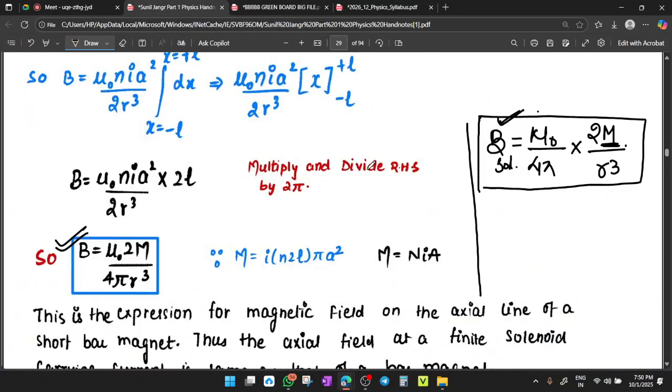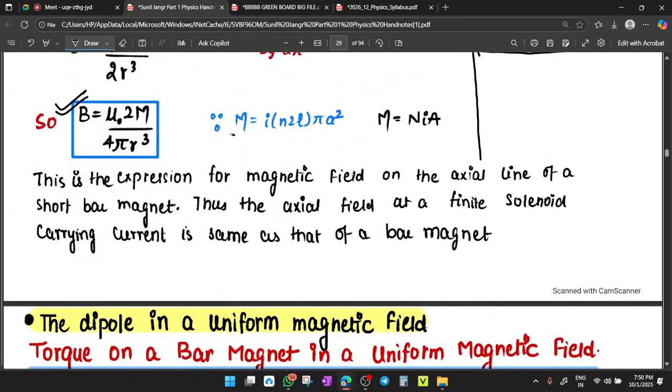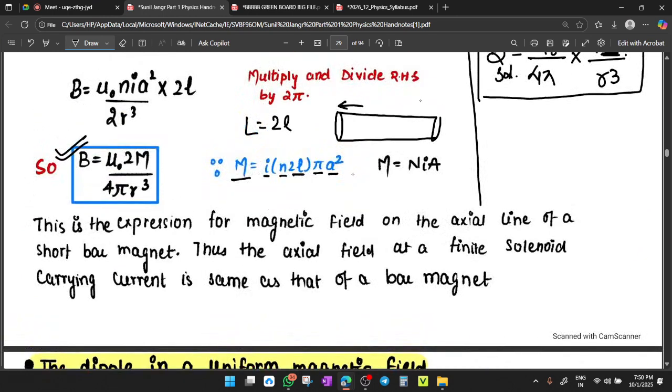Look, M equals I n, into L pi r square. Here we consider the whole length capital L as 2L. Like this was a solenoid, so I have taken the full length as capital L. And according to the bar magnet, they have considered this one 2L.